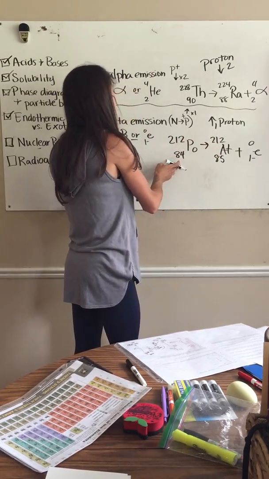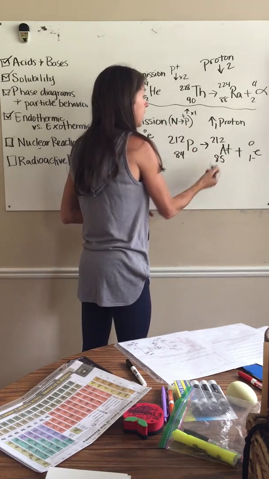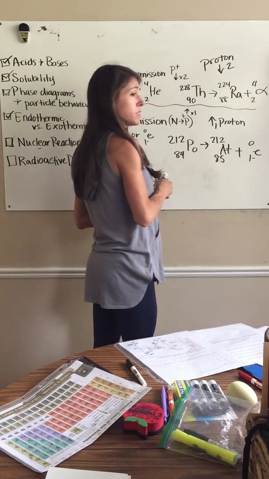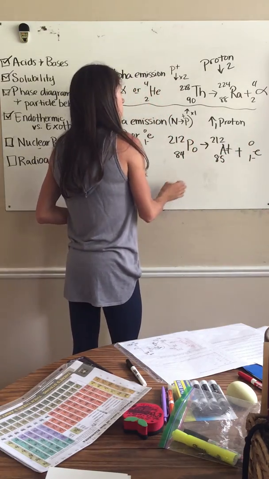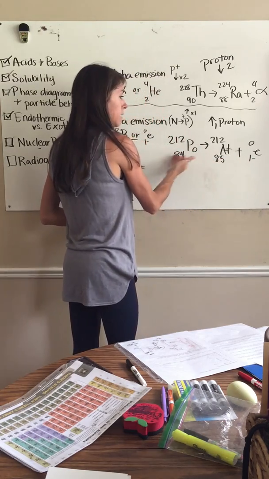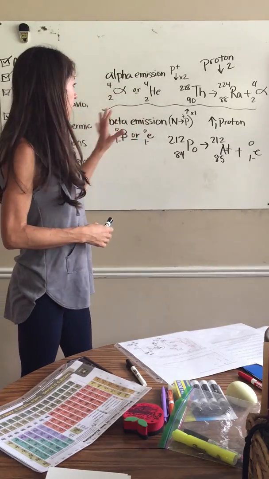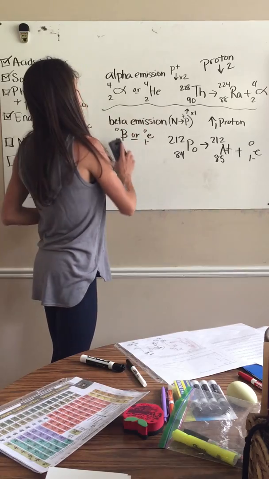All we did was increase by one extra proton in the nucleus, a neutron transformed into that, and we released a negative charge to offset the positive charge that we gained. You can see 212 here and 212 here, and 84 here; 85 minus 1 is 84 on both sides as well. That's what it looks like in a nuclear equation scenario.